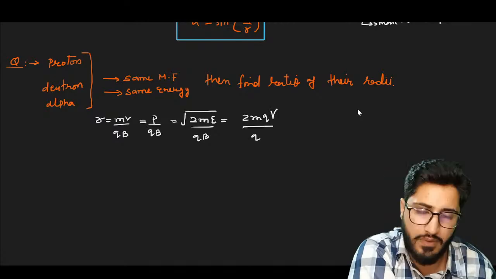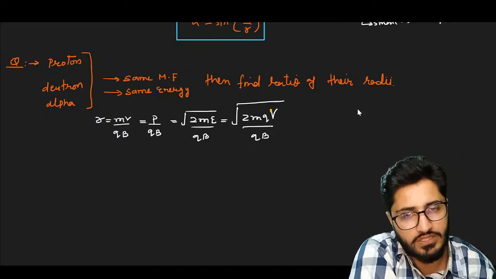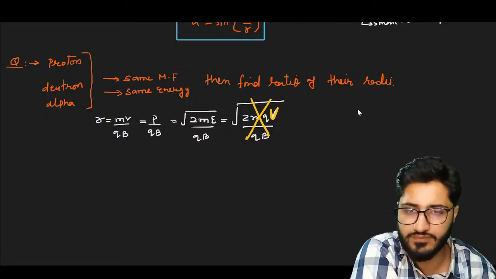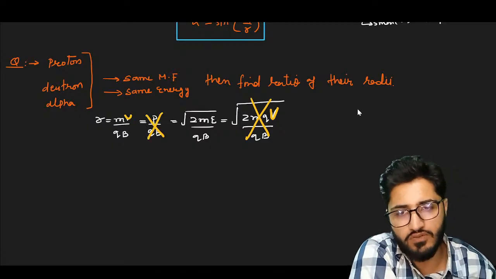Now, look, potential is not given to us this way, so we cannot use this one. Momentum is not given. We cannot use this one. Velocity is not given. We cannot use this one.